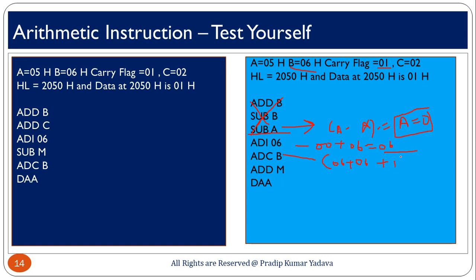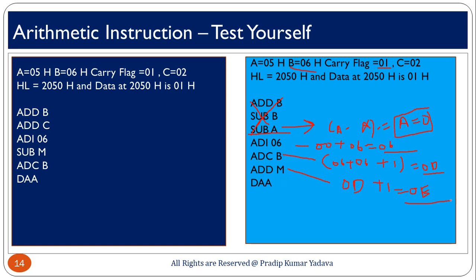1, that will be 6, 6, 12, 13. 13 in hexadecimal will be 0D. I think you get my point. Now, when you perform ADD M, ADD means A plus M, the content of A is 0D and plus 1, that will be 0E.